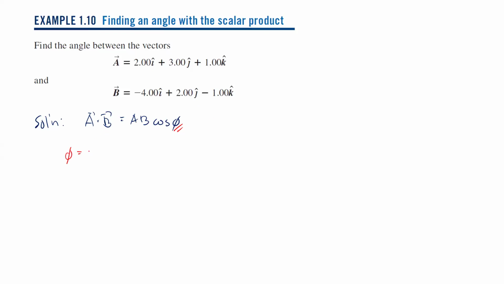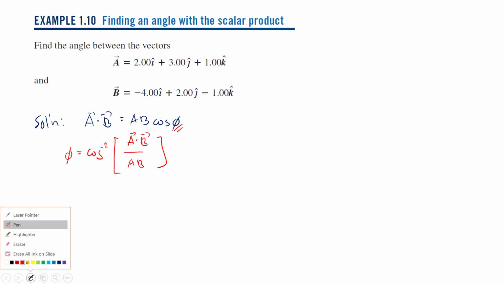So phi is equal to cosine to the negative 1, you just use algebra, I will not give it to you, of A dot B over AB. So you will know the angle if you know A dot B and the product of their magnitudes.